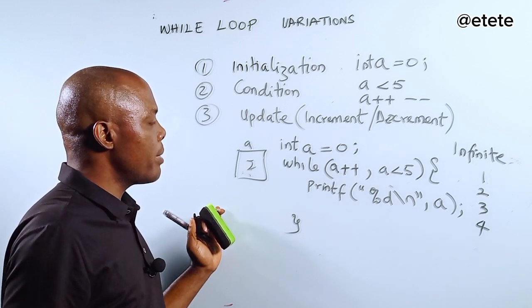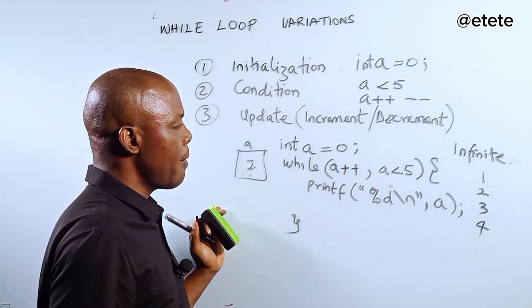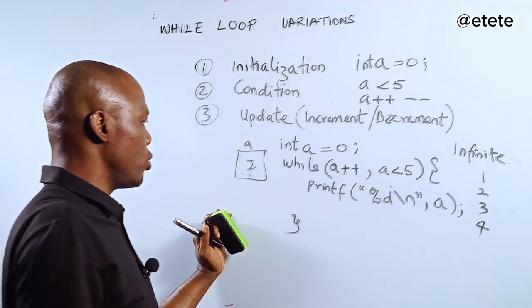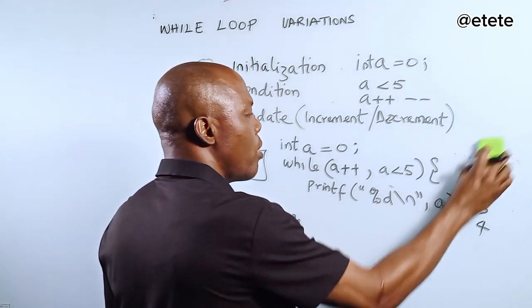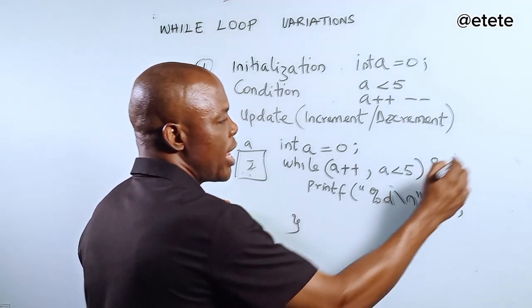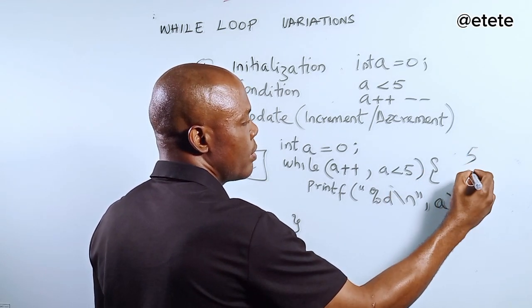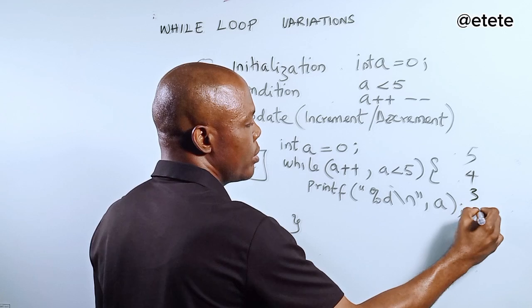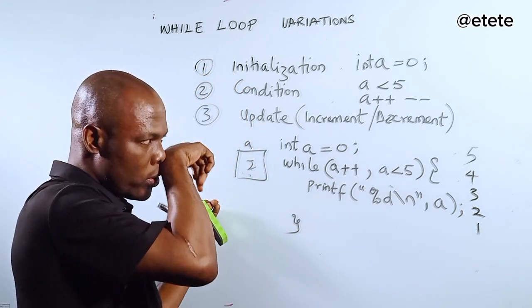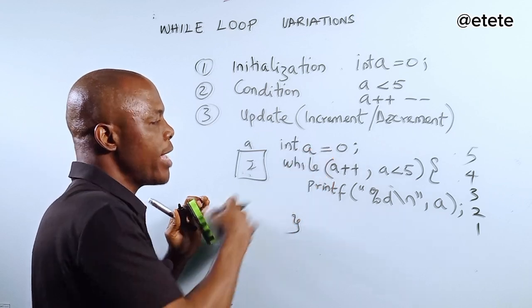Now, let me give you one more variation before I go to code block to practically show you. What if I want to do decrement? I want it to give me an output as 5, 4, 3, 2, 1. Right? This is decrement. So how am I going to write it? This is my initialization.